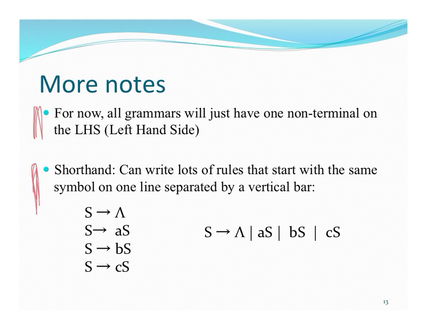And note 2 is, computer scientists like shortcuts, and mathematicians like shortcuts too. So if we have a bunch of rules that have the same non-terminal on the left side, so for example, all of these rules have the non-terminal S on the left-hand side, we can combine these rules by just saying S goes to lambda or aS or bS or cS. And here we go again.